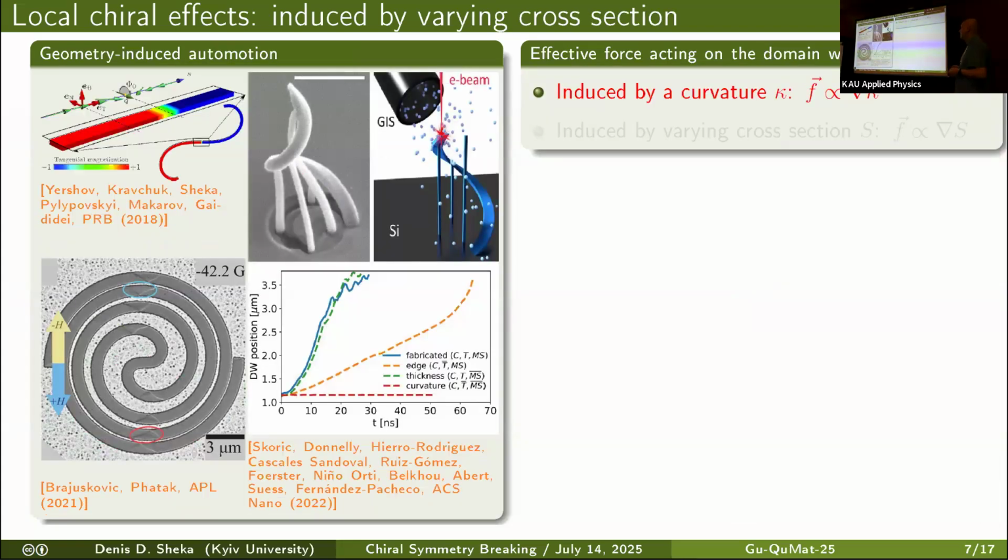So next, I would like to show results on what appears dynamically. The interesting effect and consequence of this local chirality is the geometry-induced automotion of domain walls, which was predicted for the Euler spiral, and experiments were realized for a flat Archimedean spiral and a three-dimensional nanoconduit.